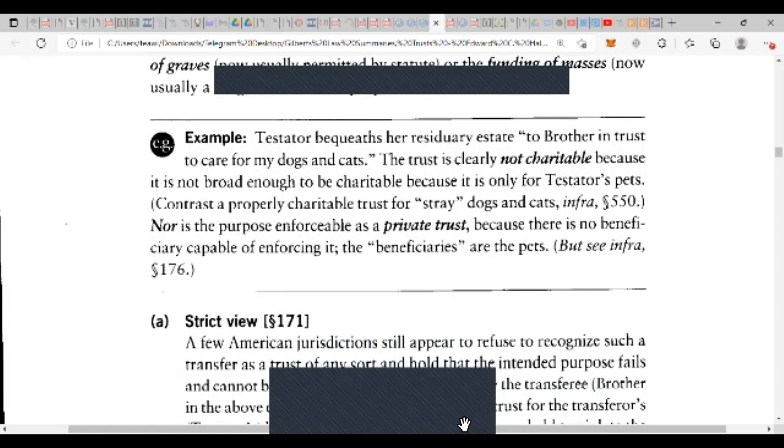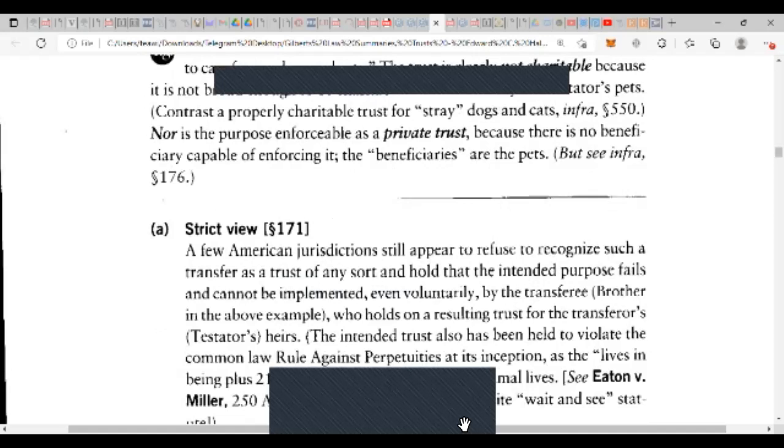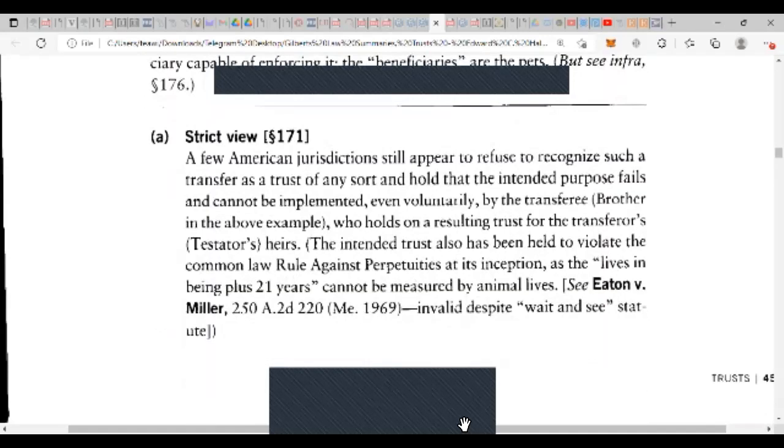Nor is the purpose enforceable as a private trust because there is no beneficiary capable of enforcing it. The beneficiaries are the pets, but see infra section 176. Strict view, section 171. A few American jurisdictions still appear to refuse to recognize such a transfer as a trust of any sort and hold that the intended purpose fails and cannot be implemented, even voluntarily, by the transferee, brother in the above example, who holds on a resulting trust for the testator's heirs.